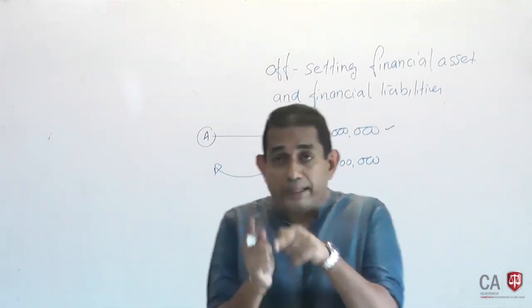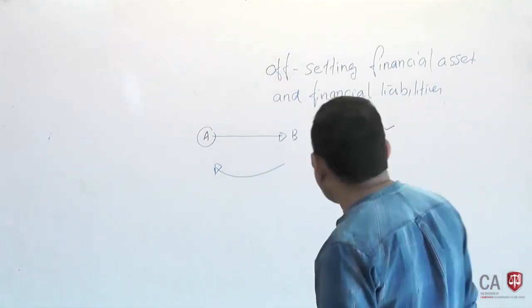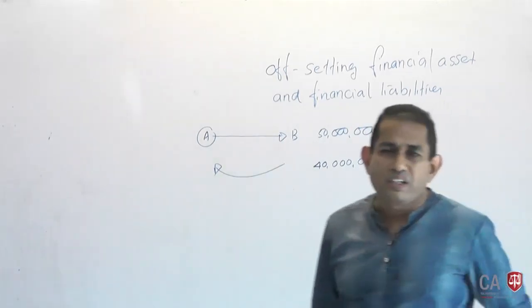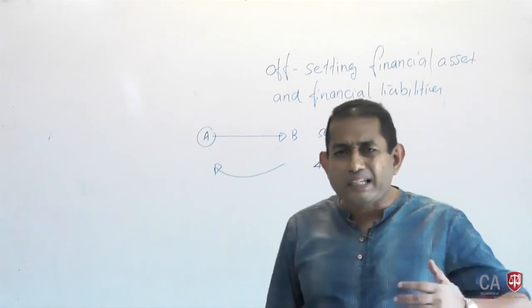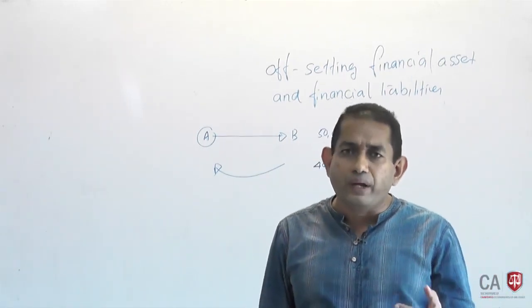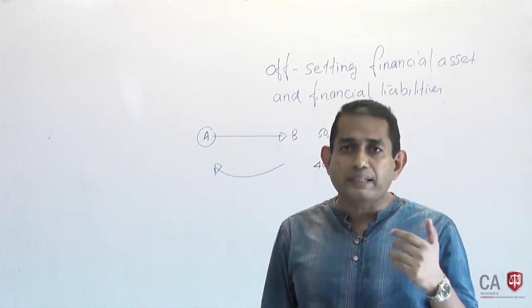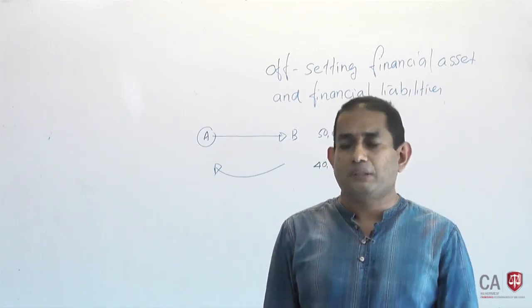If you show 10 million, that is called what? Offsetting financial assets and financial liabilities. And you can't do this setting off the way you and I like. LKS 32 stipulates instances where this offsetting is possible.